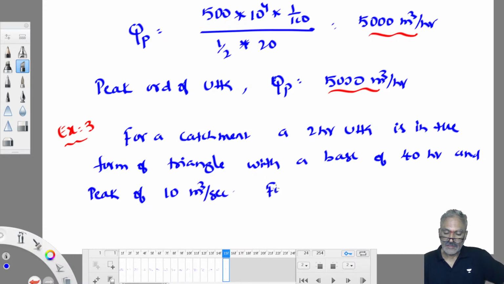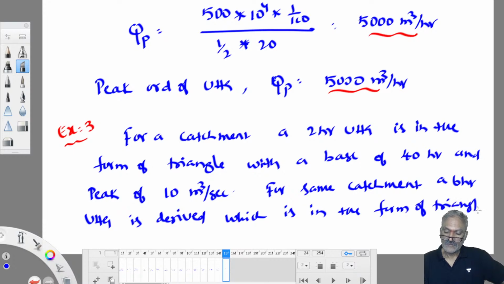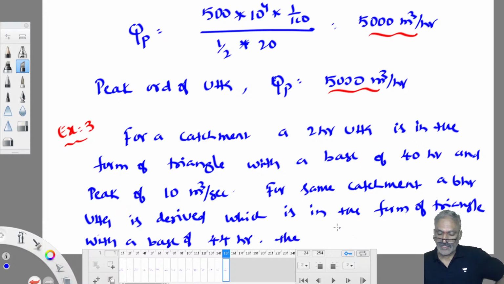For the same catchment, a 6-hour unit hydrograph is derived, which is in the form of a triangle with a base of 44 hours. Then what will be the peak of the 6-hour unit hydrograph?